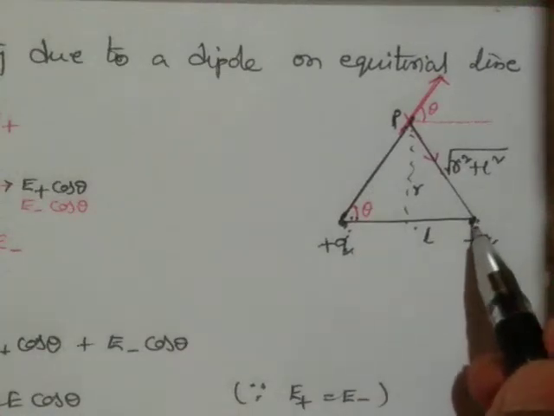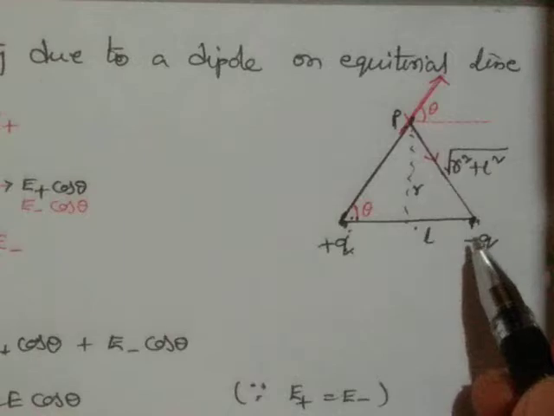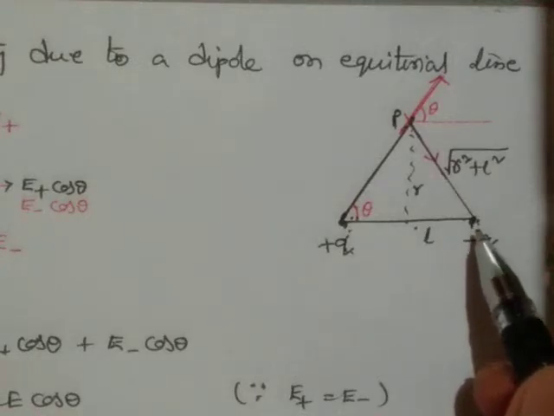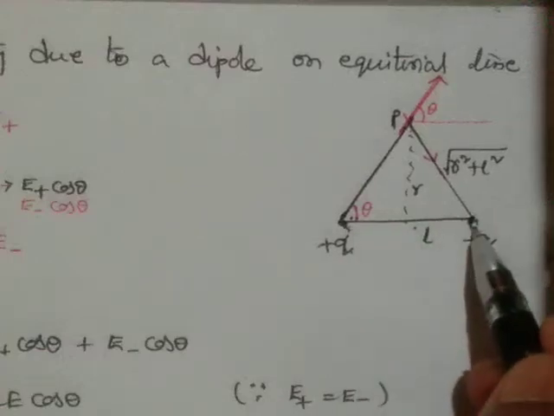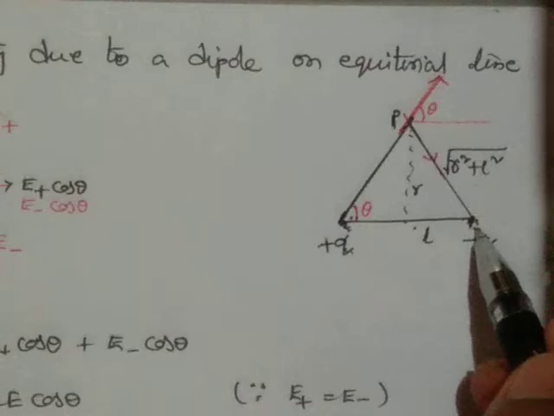But here we have to consider the vectorial sum of the field intensity while calculating the E net due to the two charges. We have to consider the vector notation of the E itself.